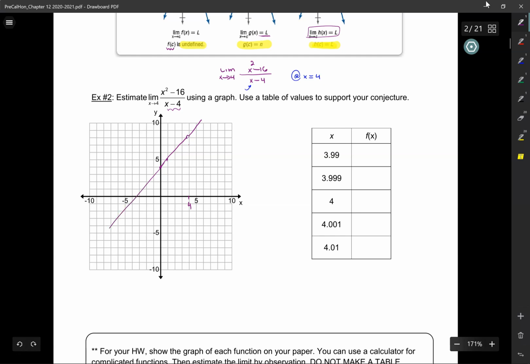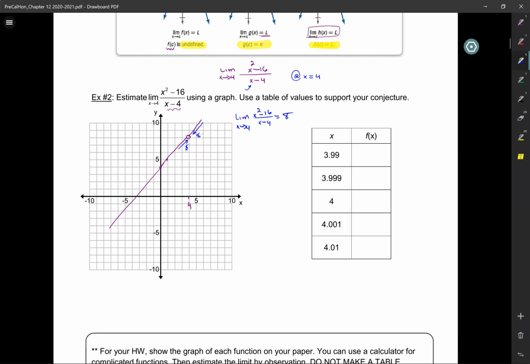There was a discontinuity, because there is a little hole there. But from this side, my y values were approaching 8. From this side, if I move my cursor down, my y values are approaching 8. And because from the left and the right, the y values are approaching 8, I can say the limit of x squared minus 16 over x minus 4 as x approaches 4 is 8.